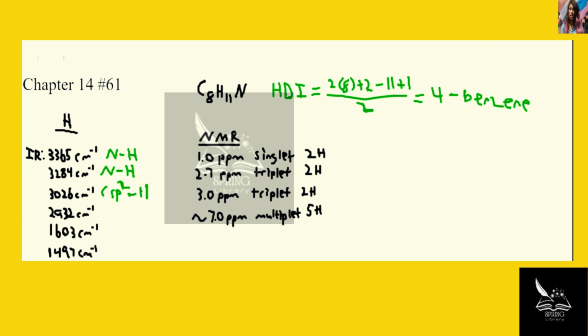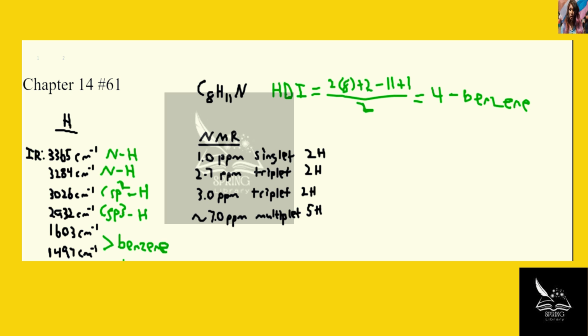At 2932 wave number, that's going to be an sp3 carbon bound to a hydrogen. At 1603 wave number and at 1497, these are both going to be from the aromatic ring. So I'll call these benzene signals.